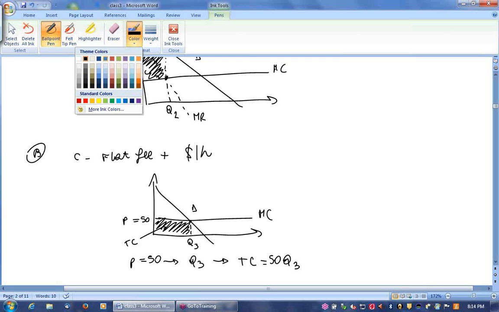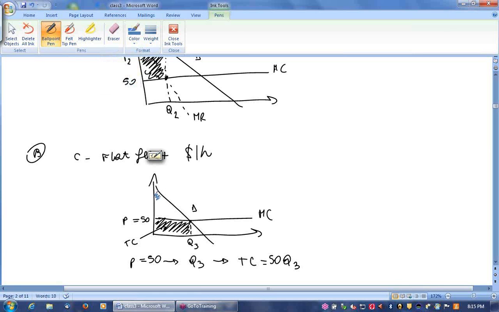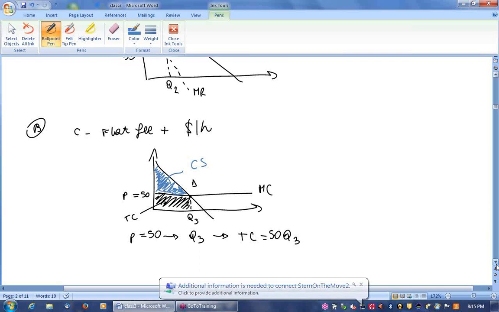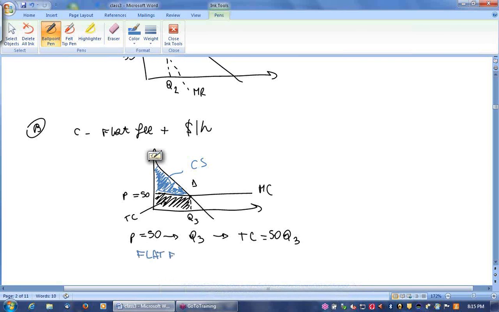So again, what is the consumer surplus here? Here the consumer surplus is this area, the area under the demand curve and above the price, right? Consumers will be willing to pay the flat fee whenever it is smaller or equal than their surplus, so the flat fee will be equal to this area, the consumer surplus.